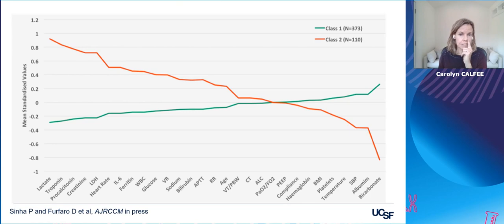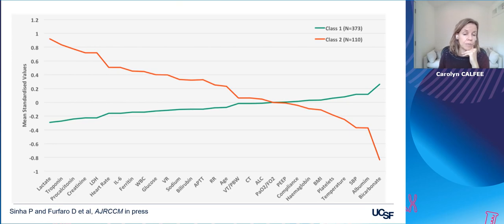And what you can see here is that the smaller class, class 2, is characterized by higher levels of inflammatory biomarkers like lactate, troponin, procalcitonin, higher creatinine, higher LDH and heart rate, as well as higher IL-6 and ferritin. It's also characterized by lower levels of platelets, albumin, and bicarbonate.